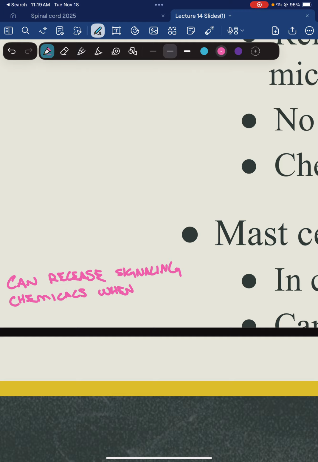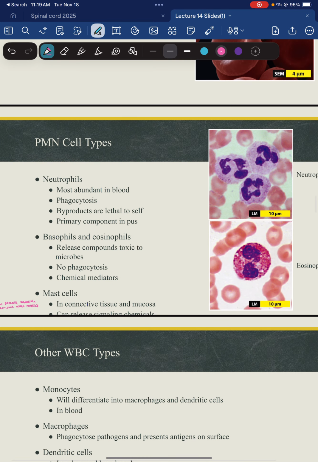Those reactive oxygen species are also toxic to us. So one of the problems with neutrophils is when you get a bunch in an area, they start releasing all of that reactive oxygen species or byproducts of that reaction, and it's actually toxic to us as well. So we have to be careful with our balance when we're using neutrophils.